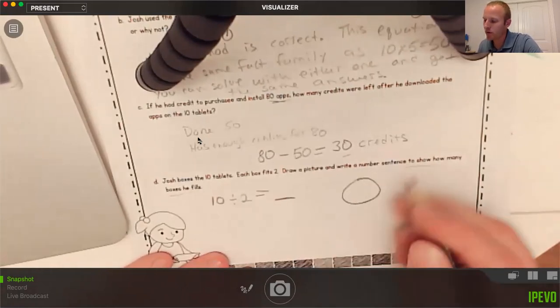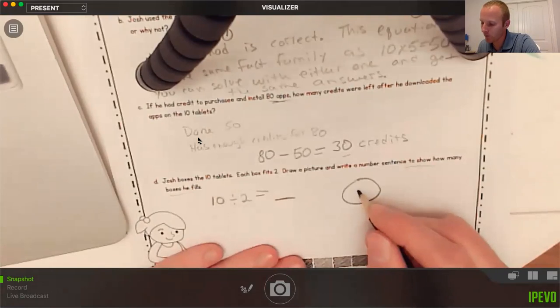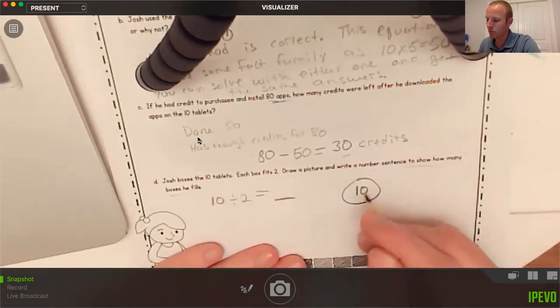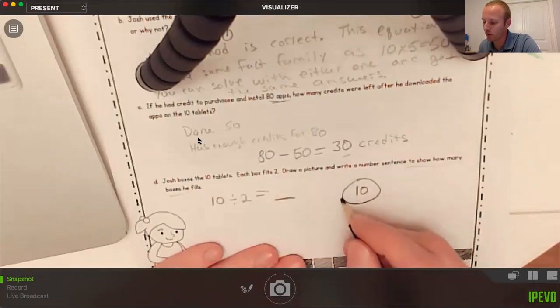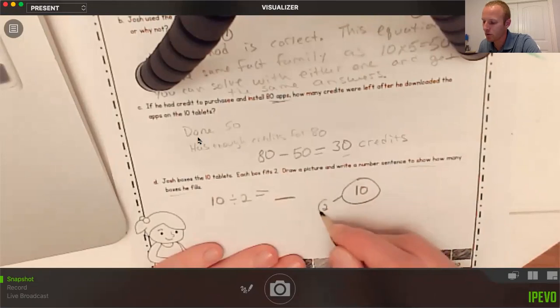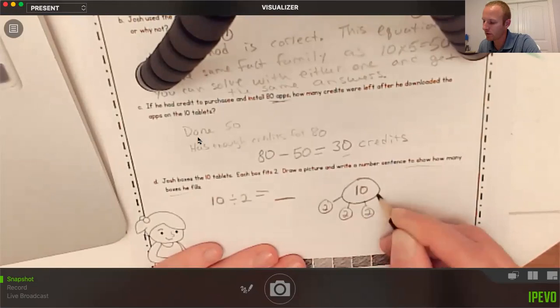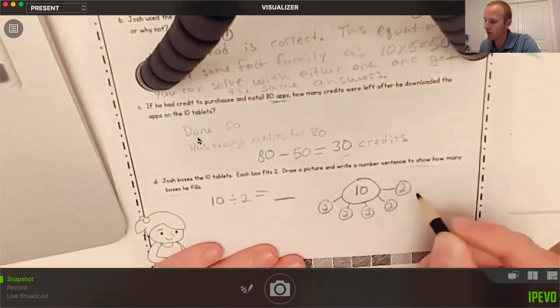I'm going to use a number bond. I know that he has 10 total tablets. And then I'm going to put them in boxes of 2 and count how many boxes I need. So 2, 4, 6, 8, 10.